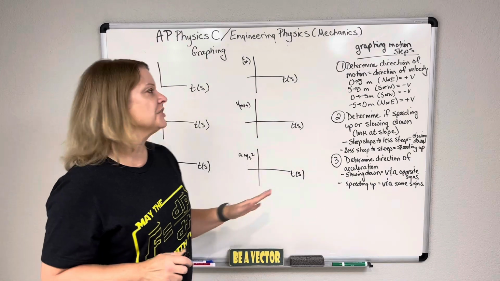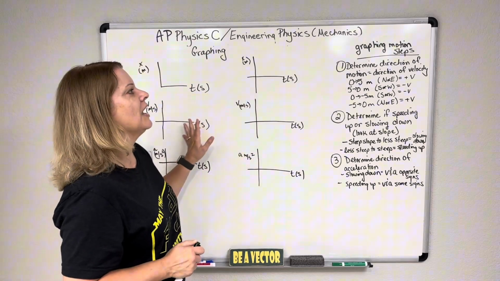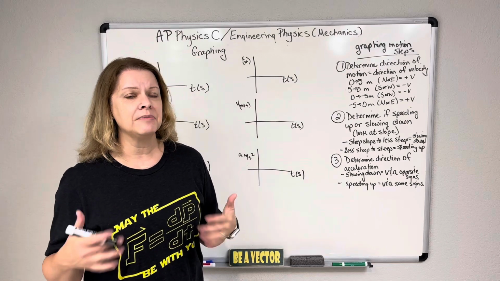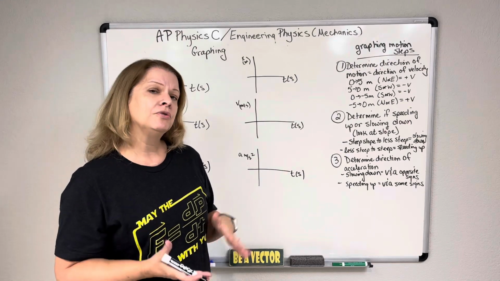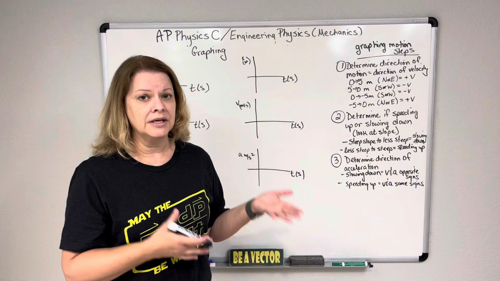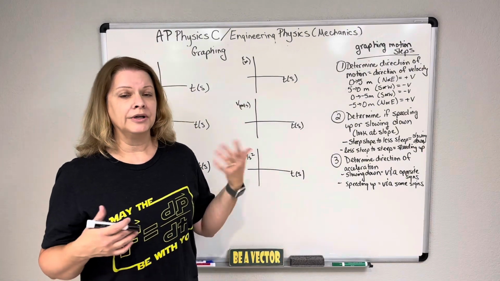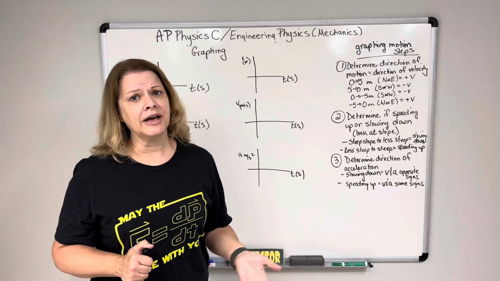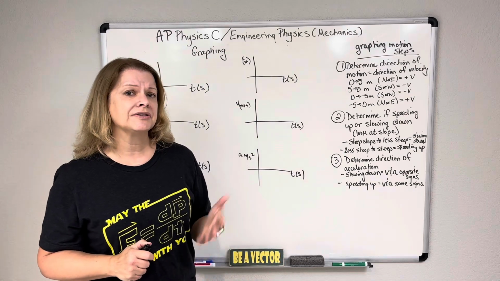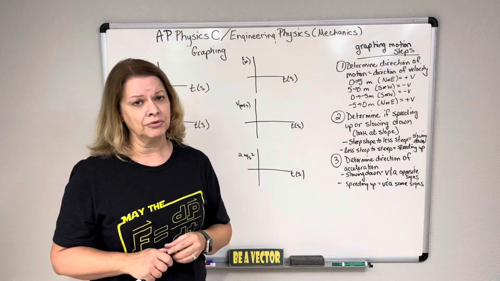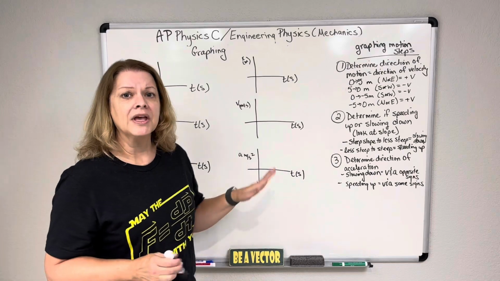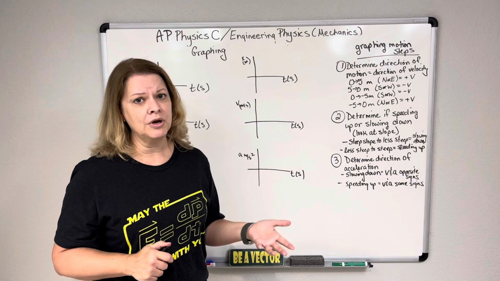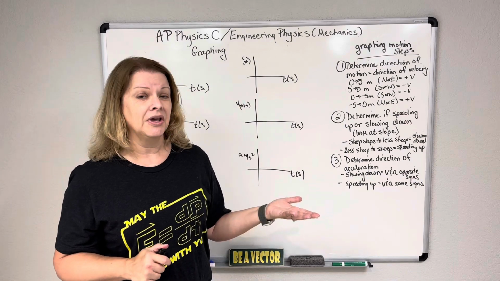The first thing we're going to do is look at graphing. And before I start that, I should tell you a little bit about this AP Physics C curriculum. If you have been in AP Physics 1 last year or in a previous year, AP Physics 1 is algebra based, so we're going to be introducing some calculus, the derivatives and integrals, into this curriculum. The other thing that's going to change is you're going to see a lot of the same equations. You're going to see the same units.